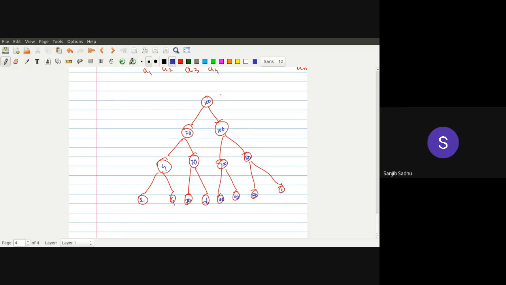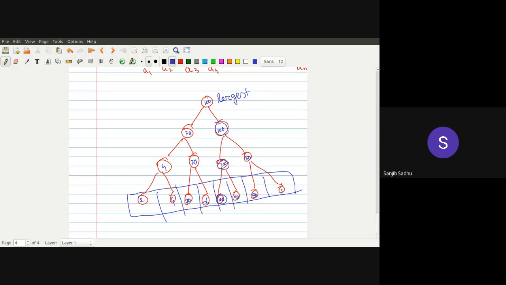So the largest occurs here also, and the largest occurs in the leaf nodes. This is basically the array, all the array elements are this.